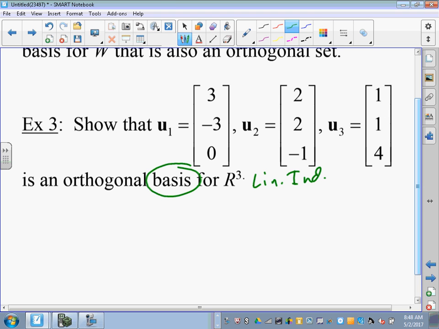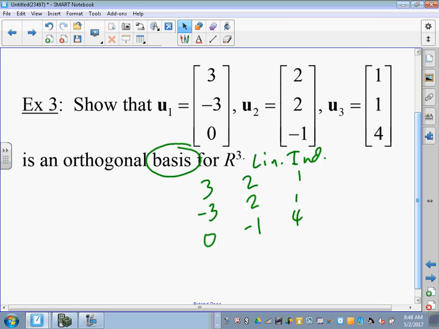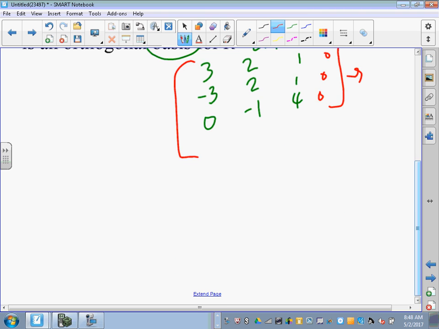There are no free variables, exactly. So when we mush these things into a matrix, technically we could augment those things with 0, and then when we row reduce them, we get out 1, 0, 0, 0, 0, 1, 0, 0, 0, 0, 1, 0.